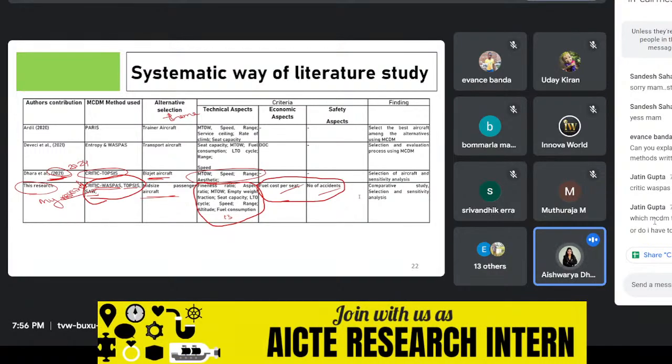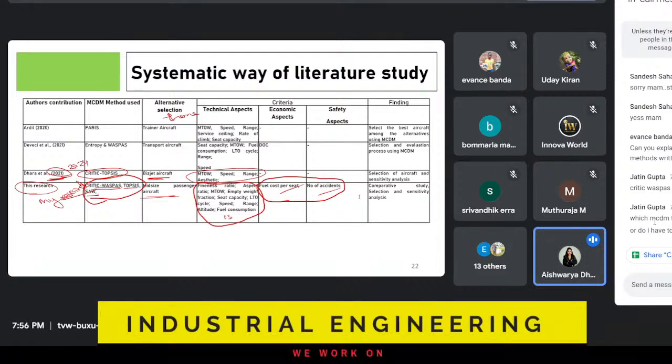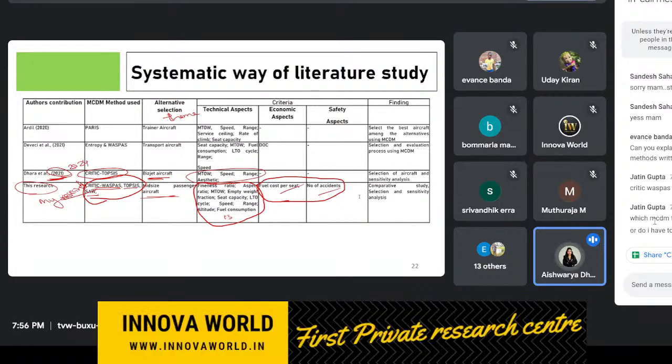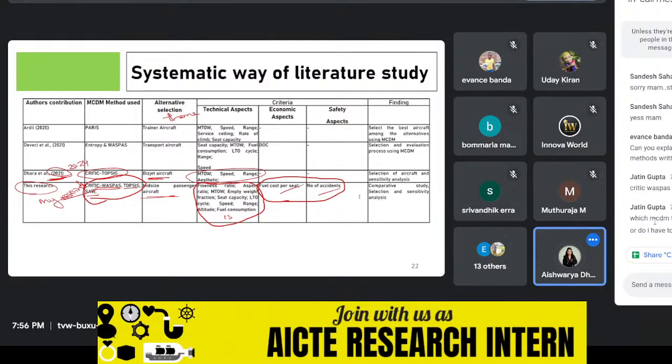I don't know which topic you are studying. If you are studying blood cancer, then based on your theme, see what techniques have been studied. If you can't find any relevant topic, see whether some biological or medical study has been performed relevant to this particular MCDM technique.